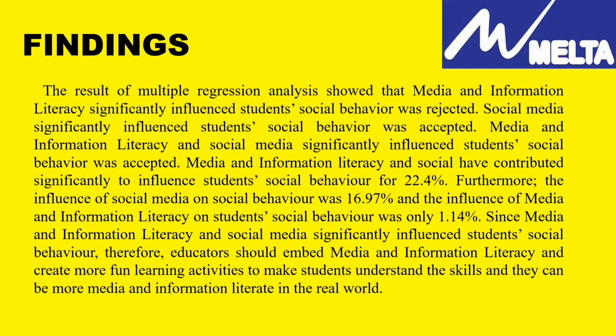Media and information literacy and social media have contributed significantly to influencing students' social behavior by 22.4%. Furthermore, the influence of social media on social behavior was 16.97%, and the influence of media and information literacy on social behavior was only 1.14%.